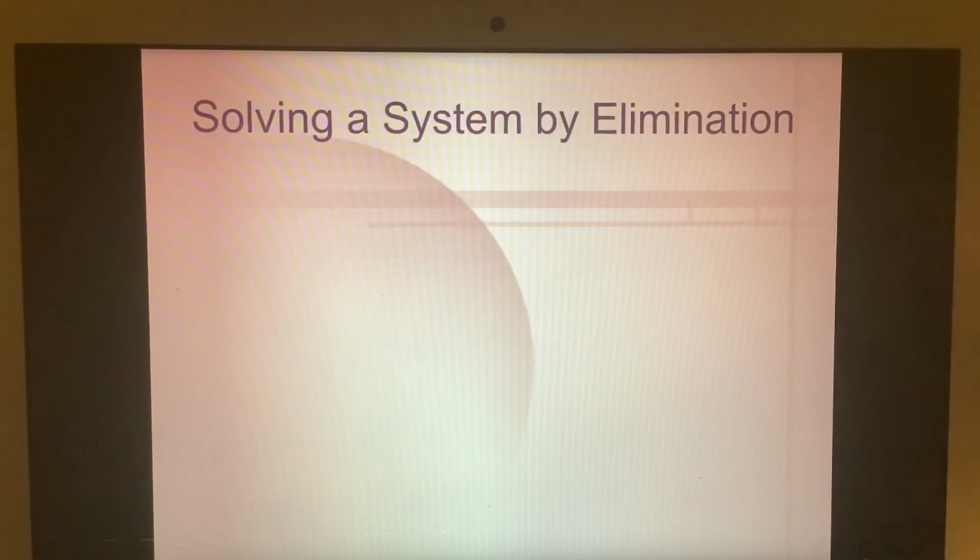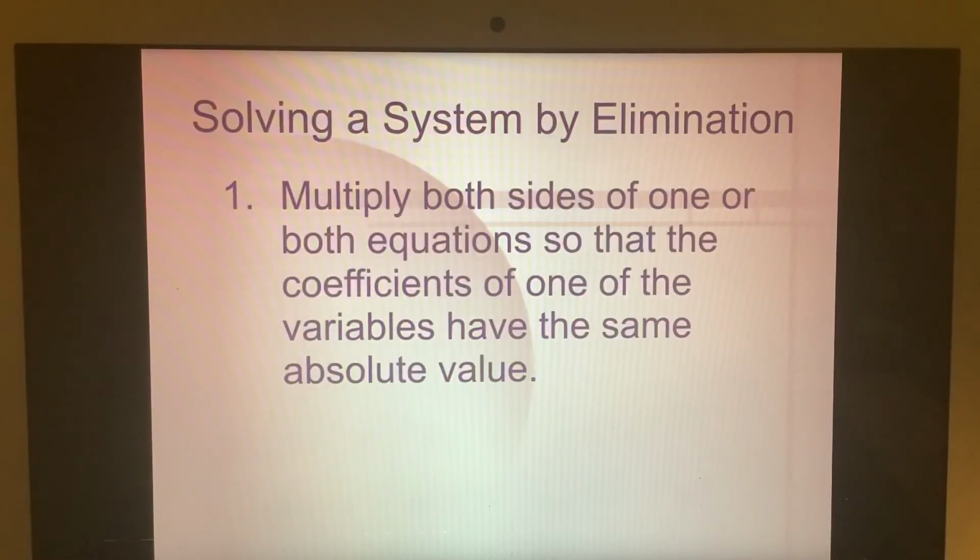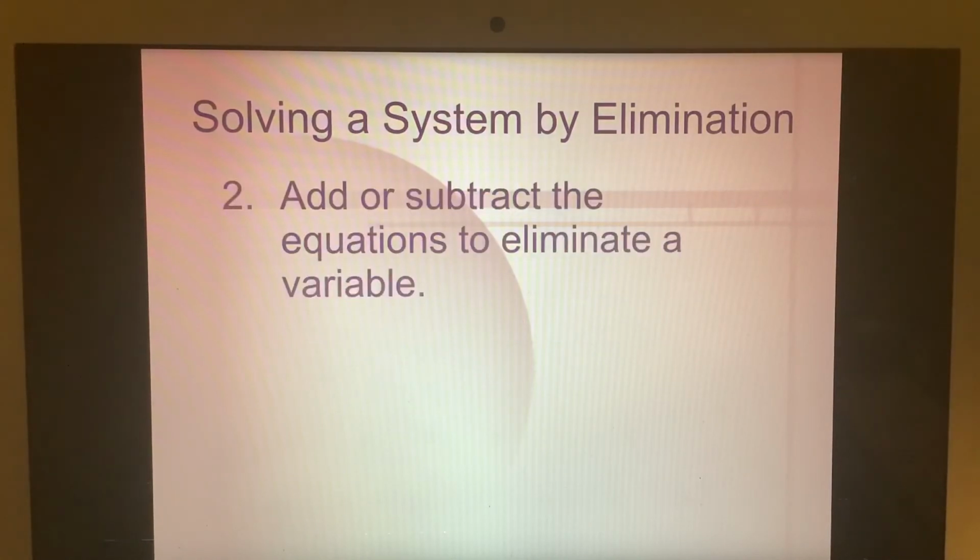Solving a system by elimination. Multiply both sides of one or both equations so that the coefficients of one of the variables have the same absolute value. All right. Then you add or subtract the equations to eliminate the variable.